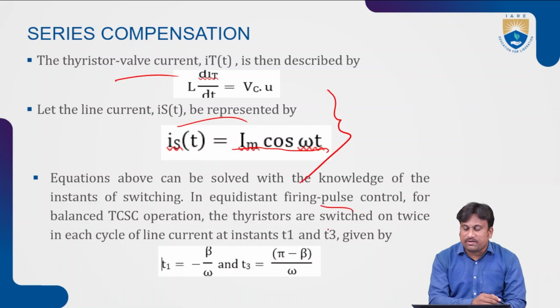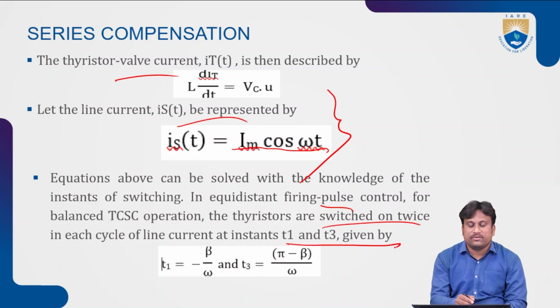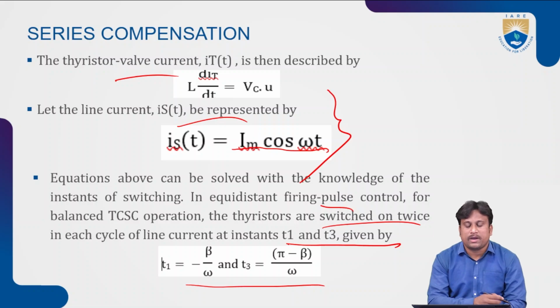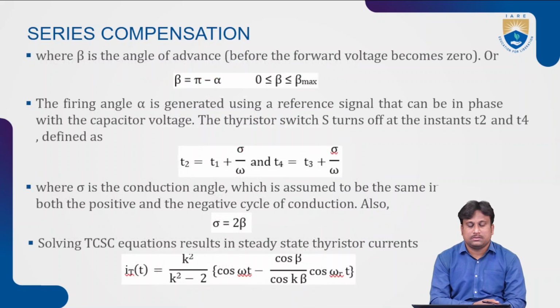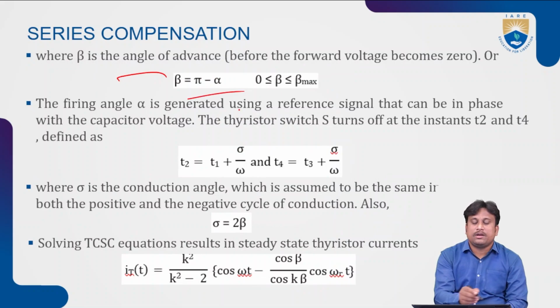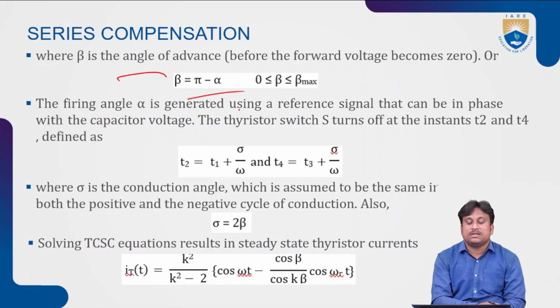In equidistant firing pulse control for balanced TCSC operation, thyristors are switched on twice in each cycle of the line current, at instants T1 and T3, given by T1 equals minus beta by omega and T3 equals pi minus beta by omega. Here beta is the angle of advance before the forward voltage becomes 0, or we may treat beta equals pi minus alpha, with 0 less than or equal to beta less than or equal to beta max.